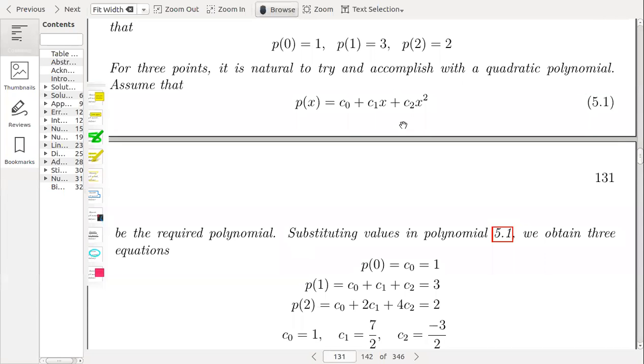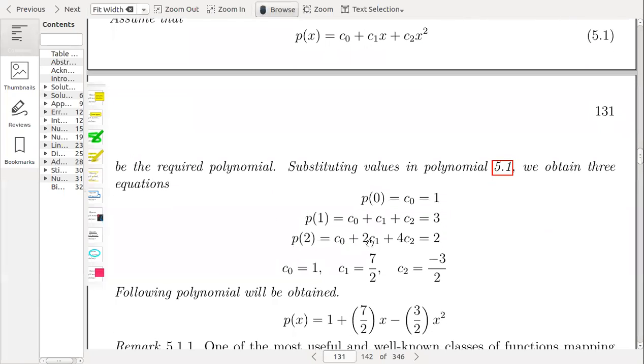Next, we will substitute 2, P of 2. So replace x with 2. So c0 plus 2c1 plus 4c2 is equal to 2.